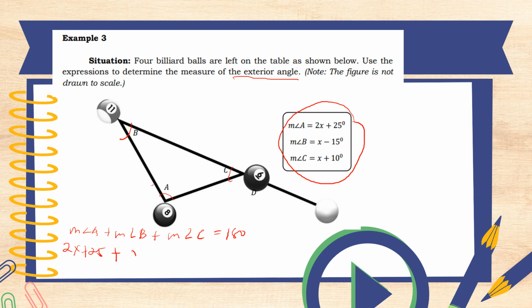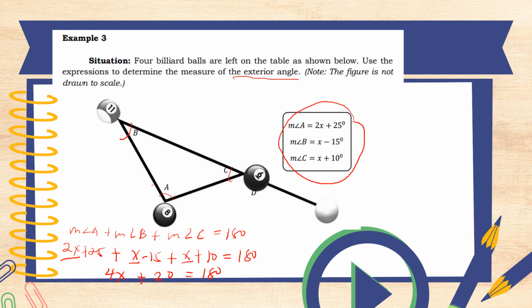Angle B is x minus 15, plus angle C, x plus 10, equals 180. Simplifying it further, add similar terms: 2x plus x plus x, 4x. 25 minus 15 is 10, plus 10, 20. So plus 20 equals 180.